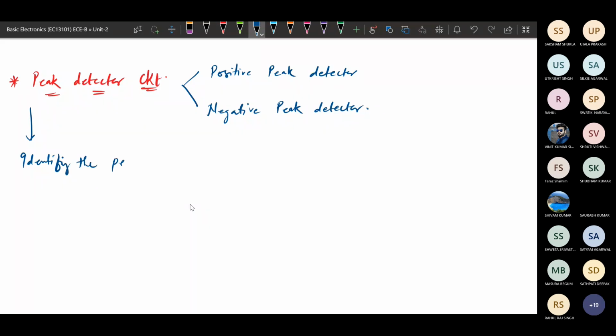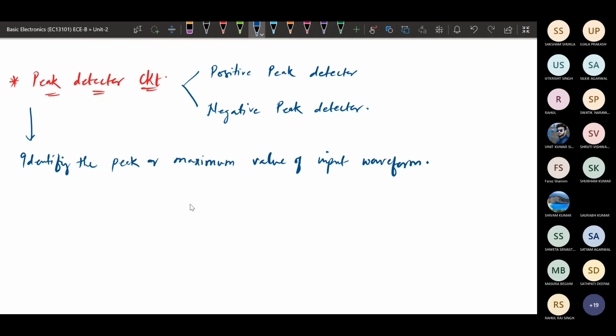The peak detector will identify the maximum value of the input waveform.